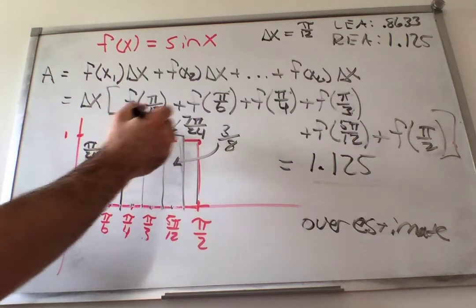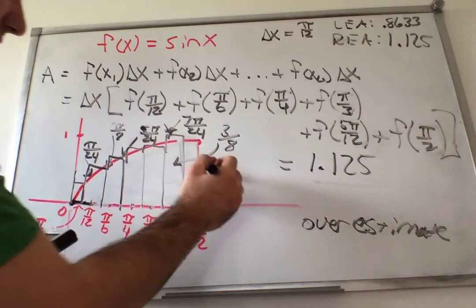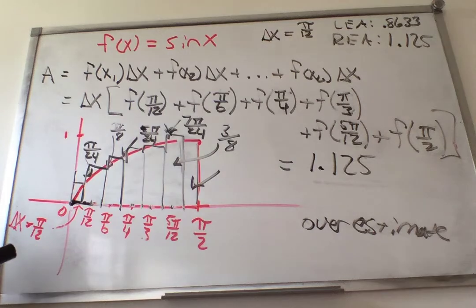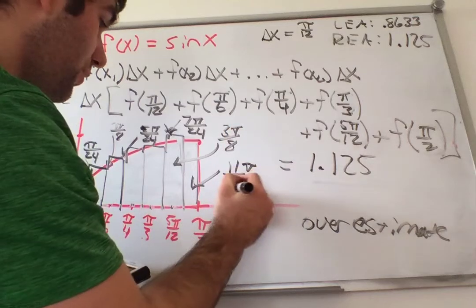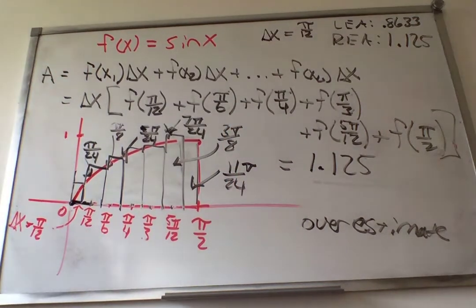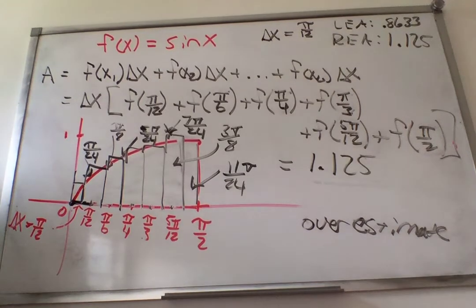So 1, 2, 3, 4, 5. Oh, I'm missing this last one right here. 1/2 plus 5 over 12, divided by 2. And you get 11 pi over 24.